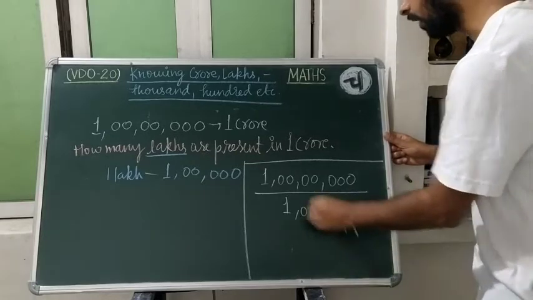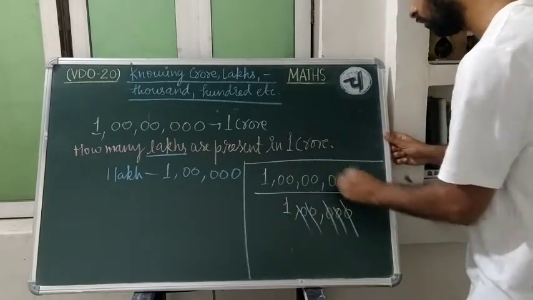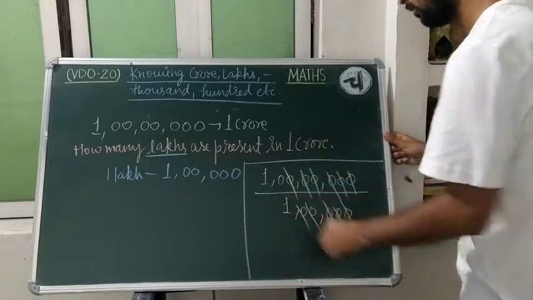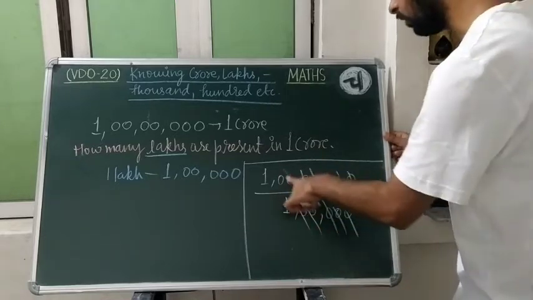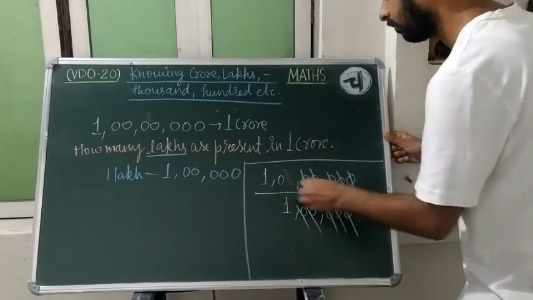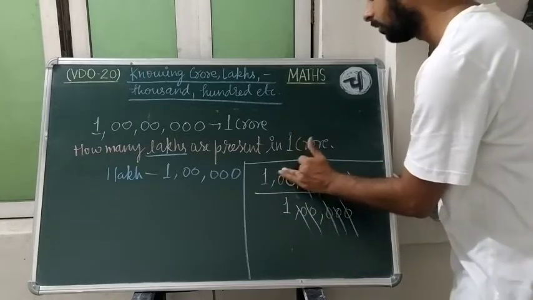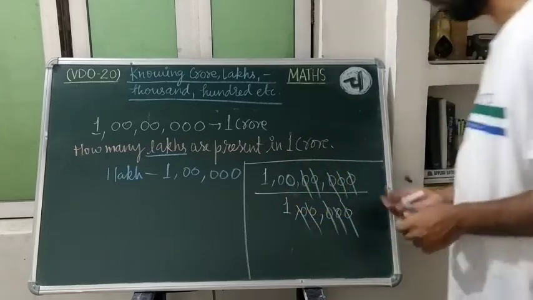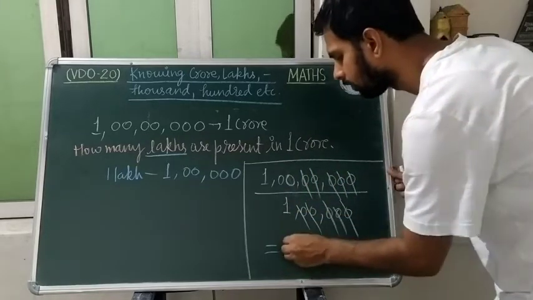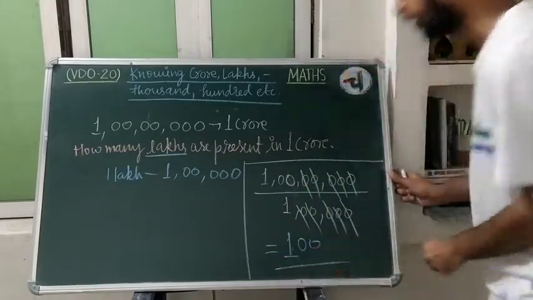So these 5 zeros will get cancelled out, and we will have what? 100 here.